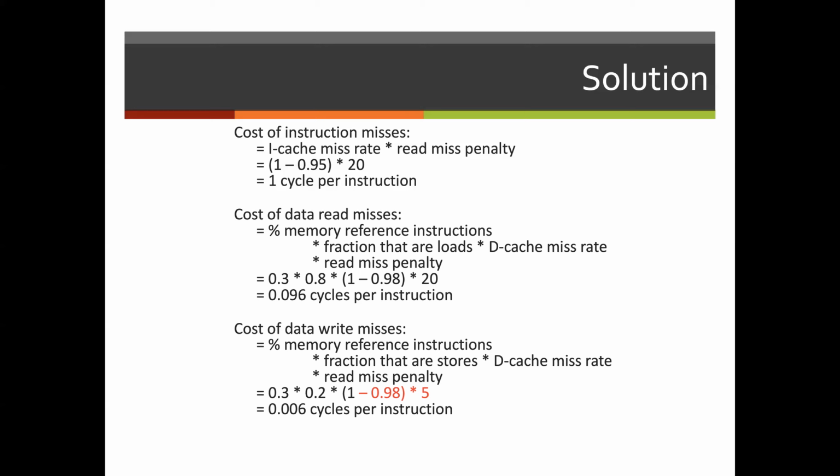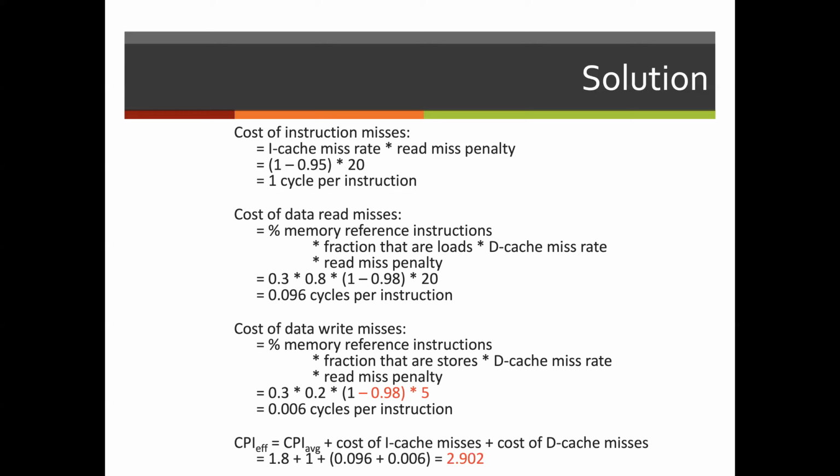So now let's calculate what the CPI effective would be. If you recall our formula, CPI effective equals the CPI average plus the cost of our iCache misses plus the cost of our Dcache misses.